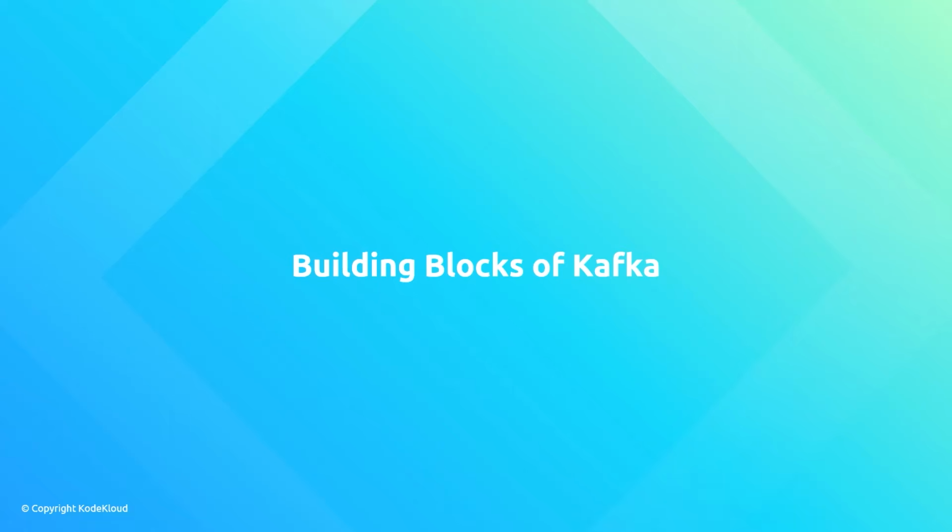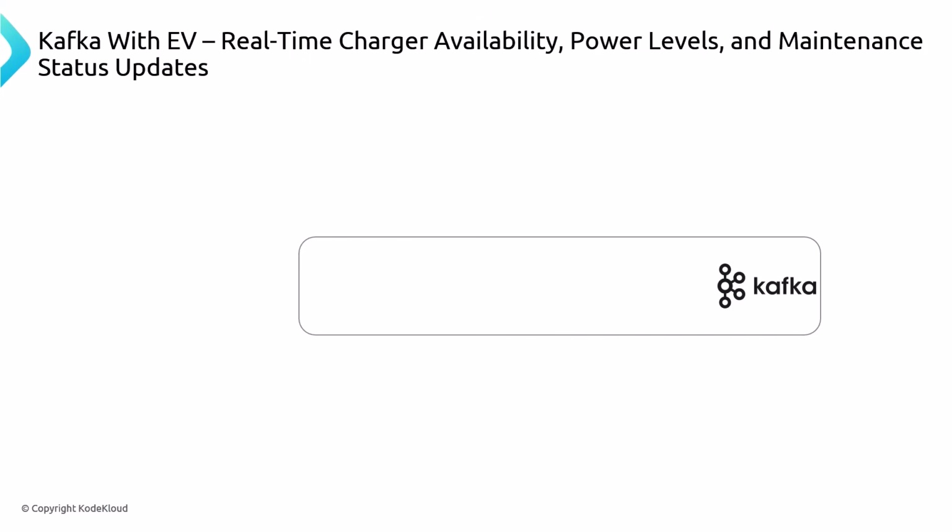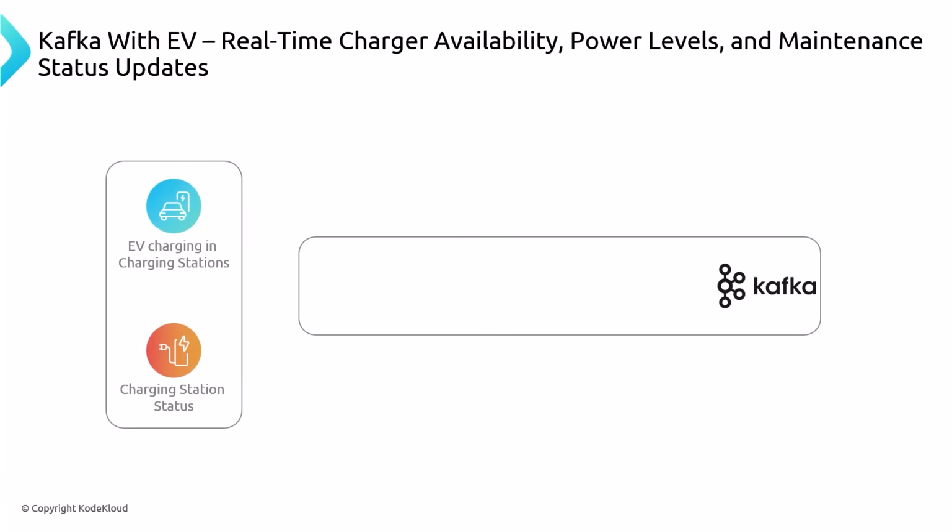In this section, we are going to focus on understanding the key technologies or services in Kafka that are considered building blocks of Kafka. To make this learning easy, let us first try to understand the use case. We are going back to our EV charging use case. So we have a Kafka cluster and then we have our producers.